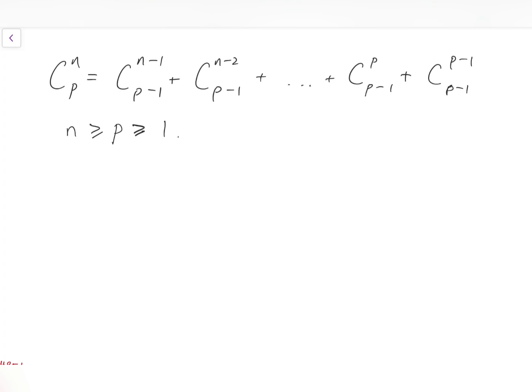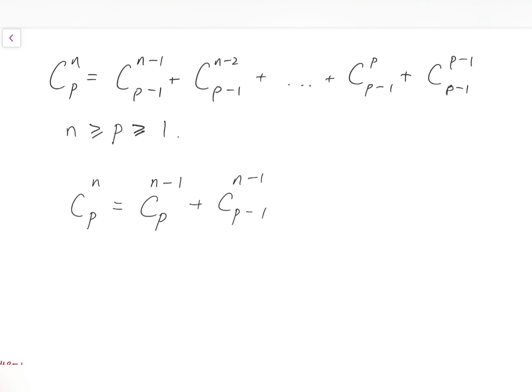The reason is that we can make use of this identity, known as the hockey stick identity, which is that n choose p can be written as n minus 1 choose p plus n minus 1 choose p minus 1.